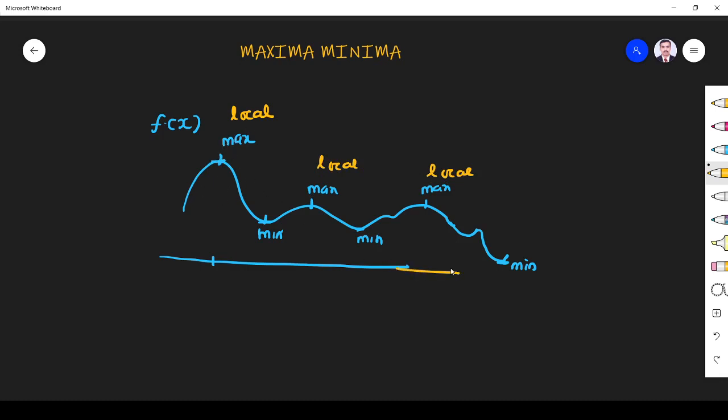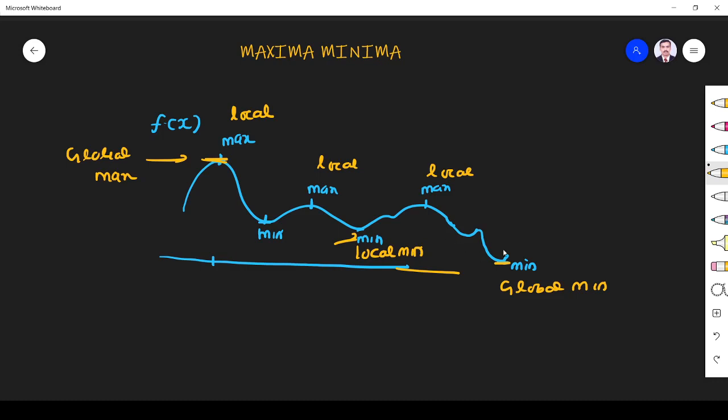For the whole function, I can say this is the maximum value of this function and this is the minimum value of this function. So this point is called the global maximum, this point is called the global minimum, and this is a local minimum.